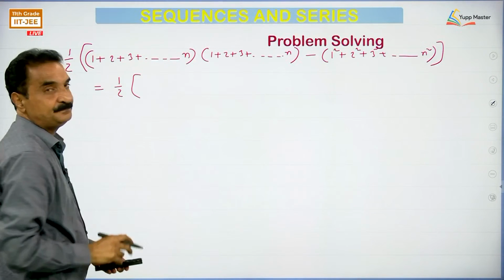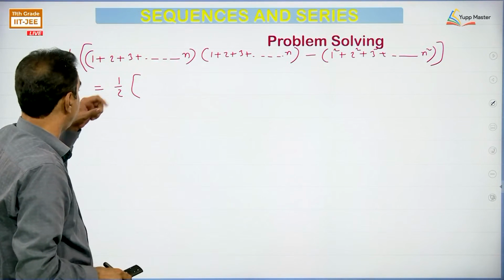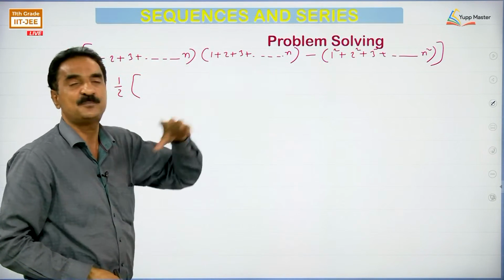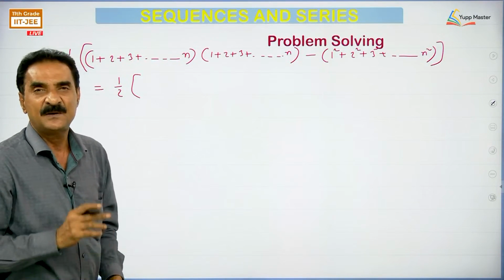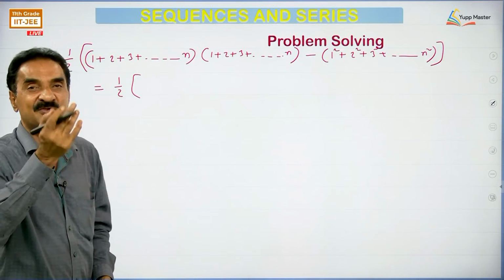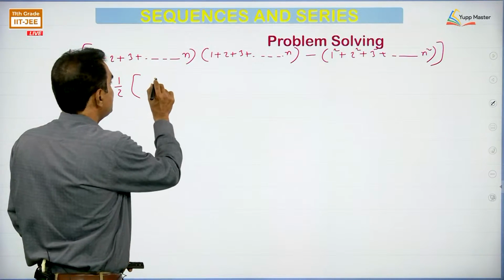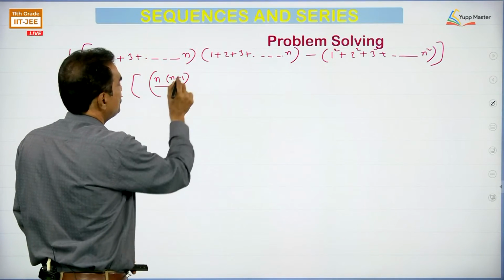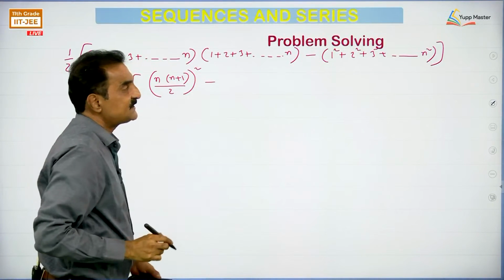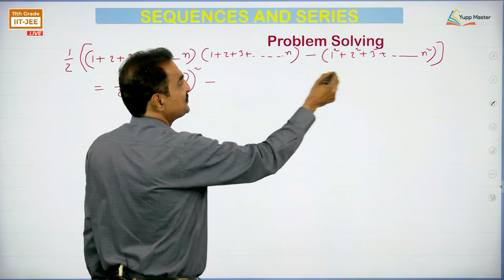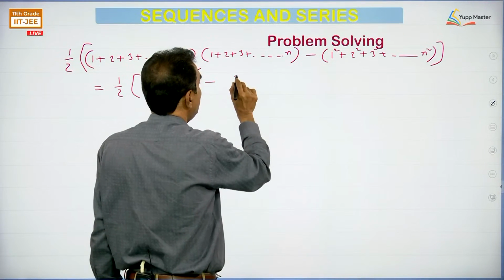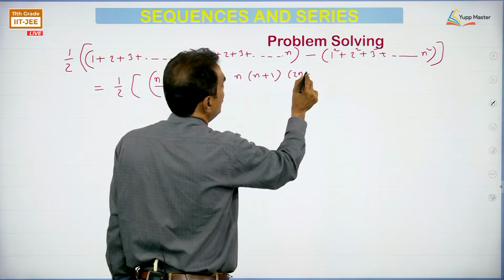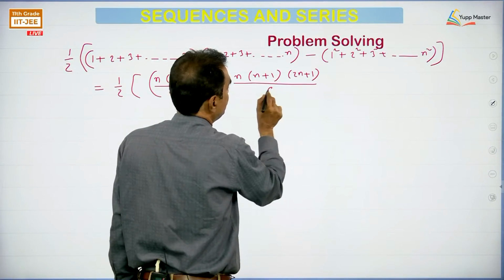Half into (1 plus 2 plus 3 plus and so on up to n) into (1 plus 2 plus 3 and so on up to n), which is the sum of the first n natural numbers whole square. That is n into n plus 1 by 2 whole square, minus 1 square plus 2 square plus 3 square and so on n square, which is n into n plus 1 into 2n plus 1 by 6.